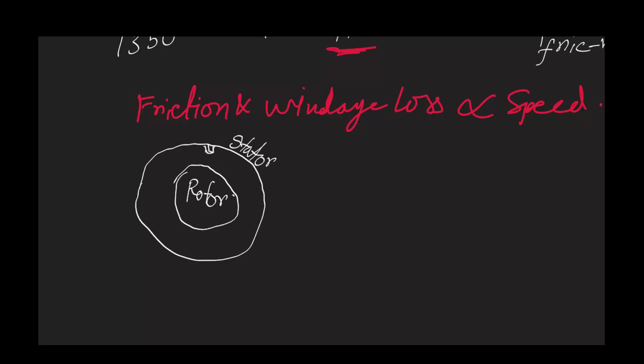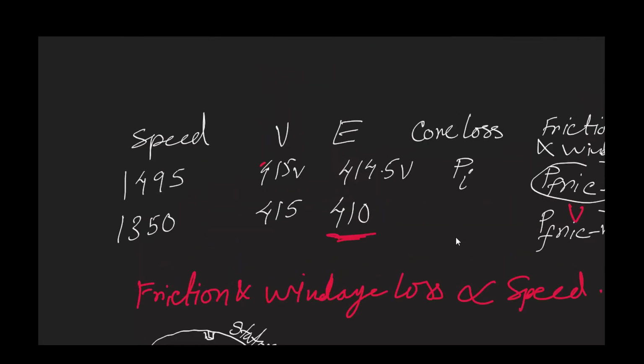Now, when your machine slows down, or its speed falls, what happens? The rotor is subjected to a higher rate of flux reversal. Why? Because rotor frequency is sf, that is, slip times the supply frequency.